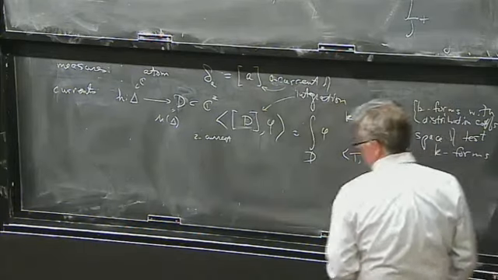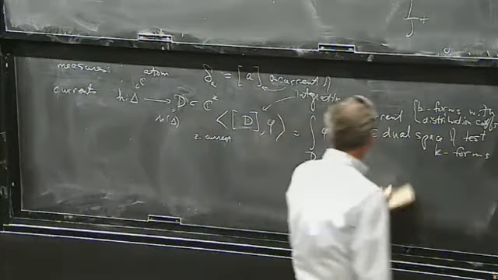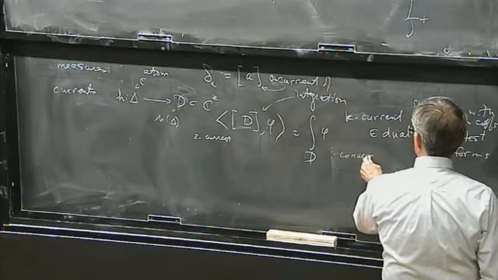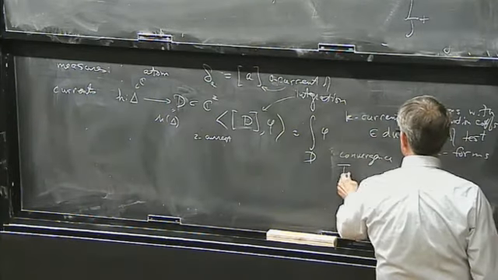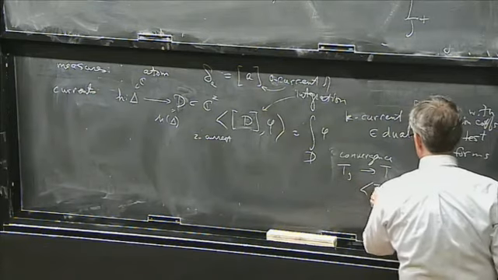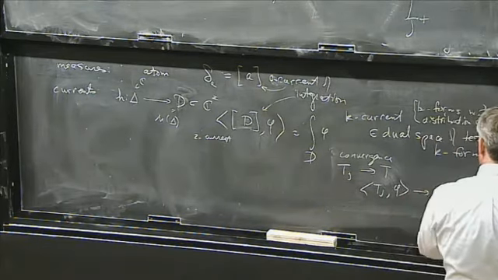And the reason we want to use currents, well, there are different reasons, but one reason is that there's a sense of convergence. You say that a bunch of currents converge to some other current if whenever you pair them with a test form, that converges.